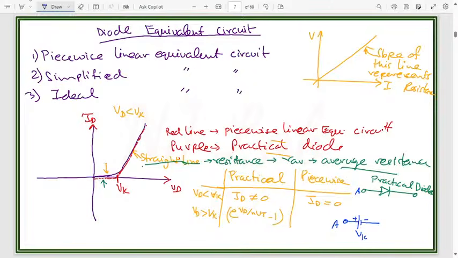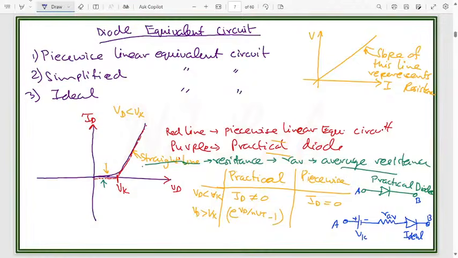Now after Vk, this straight line is represented by a resistance, which is represented as RAV. And then we have the ideal diode, and this terminal is P.